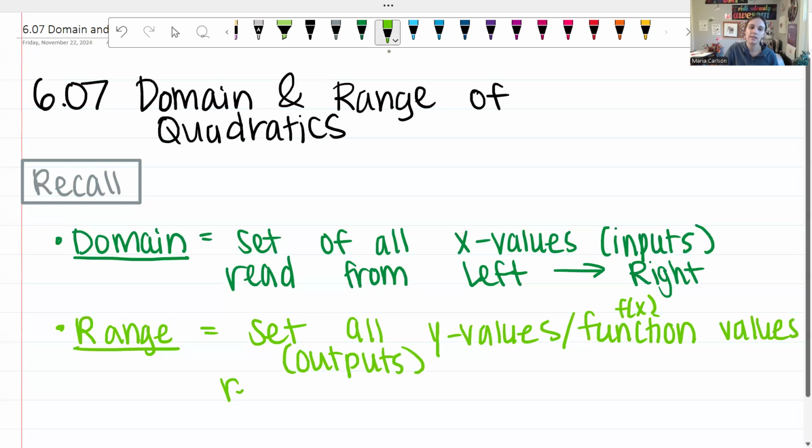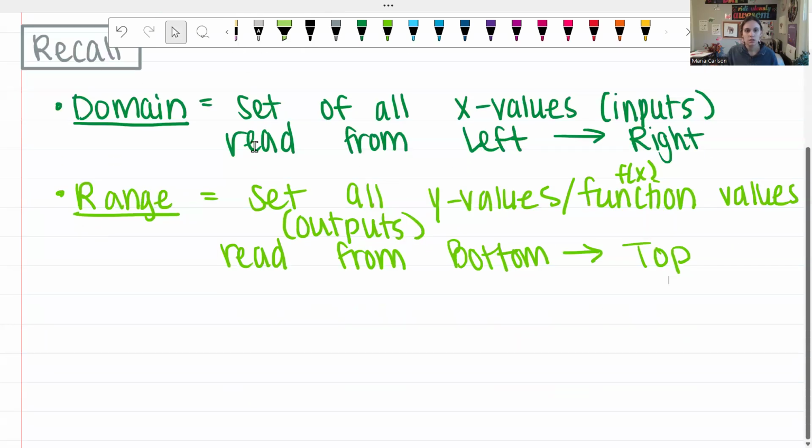And this is read from bottom of the graph to the top. That way you start with your smallest values. We've talked about this before. Now we're going to apply it specifically to the quadratics.